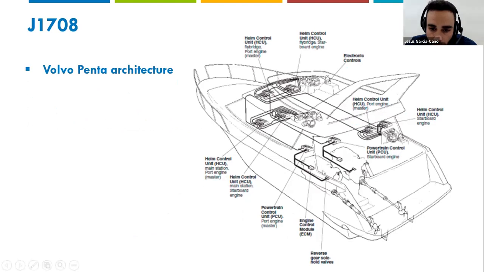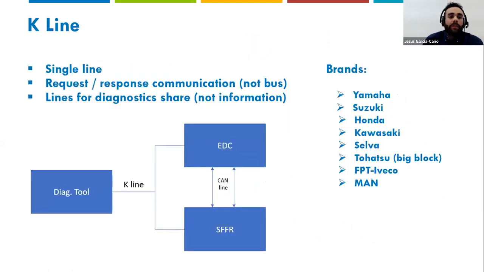For example, if I connect here on the port side, I connect to the engine, obviously, the powertrain control unit of the port side, the helm control unit number 1, the helm control unit number 2, and the helm control unit in helm 3. Okay, so remember the structure is different, two kinds of buses.